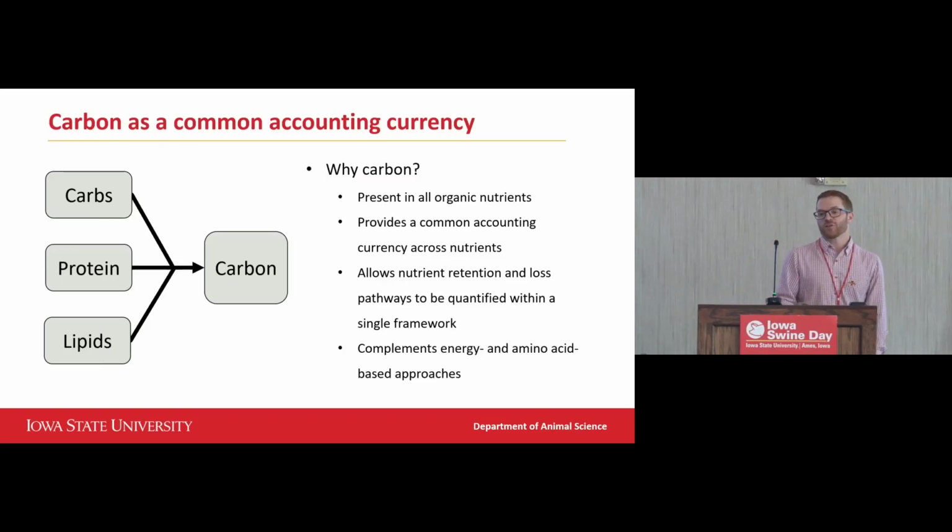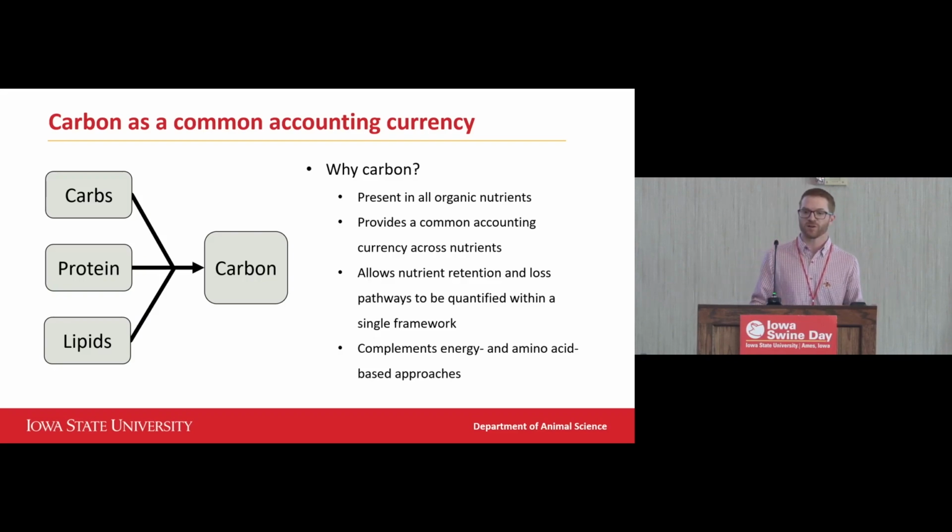And so then the question is, why carbon? Why are we using carbon today as an example or framework to try to think through this process? And it's not because we necessarily, in this example, have a specific interest in carbon itself. But what carbon does and why we're using it is because it allows us to, at a high level, integrate across multiple of the organic nutrients that we as nutritionists care about every day, right?